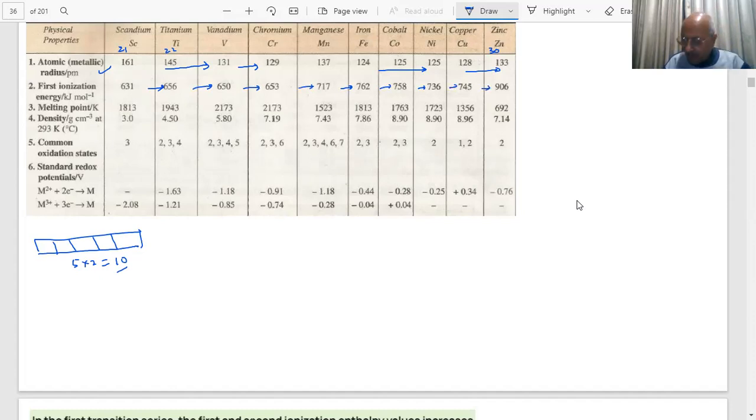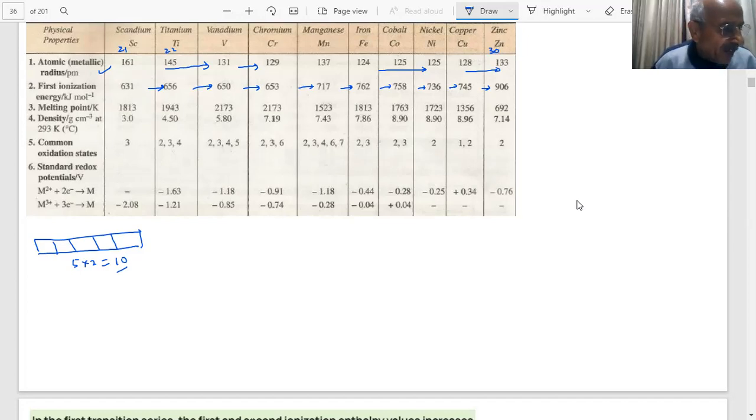The energy required to remove an electron is in general inversely proportional to the size of the atom. Smaller the size, larger the ionization enthalpy. The size first decreases, then is almost the same and then increases due to the two factors; the same things are operating here also.